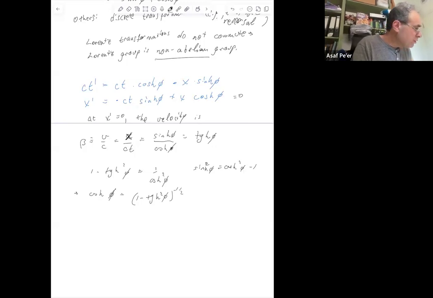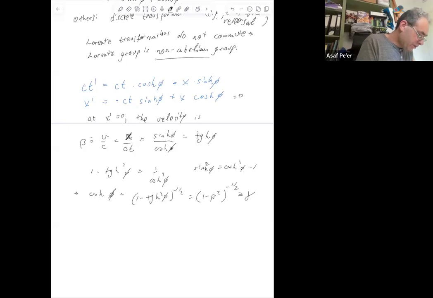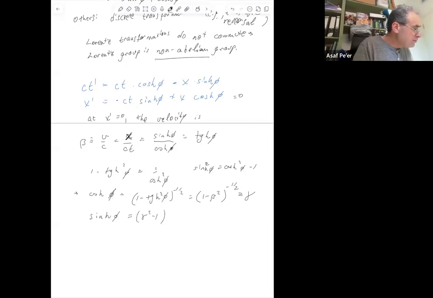But tangent hyperbolicus we call beta. So this is 1 minus beta squared to the power minus 1/2. We call this gamma. And therefore sine hyperbolicus of phi is gamma squared minus 1, to the power 1/2, which is just gamma beta.